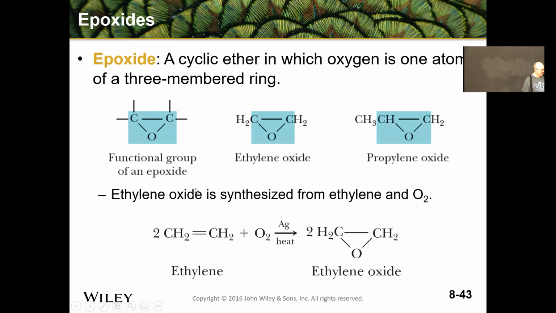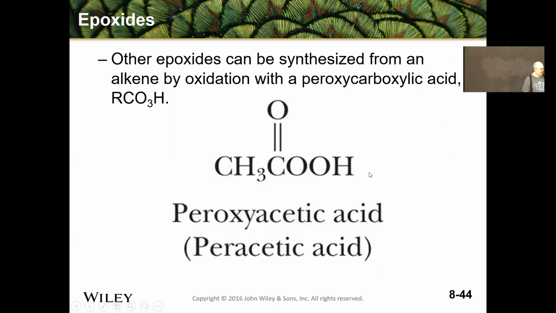Ethylene oxide is synthesized from ethylene and oxygen. Okay, this is primarily the industrial process, using silver as a catalyst. Okay, more commonly in the laboratory, we would use a peroxy acid to synthesize an epoxide.